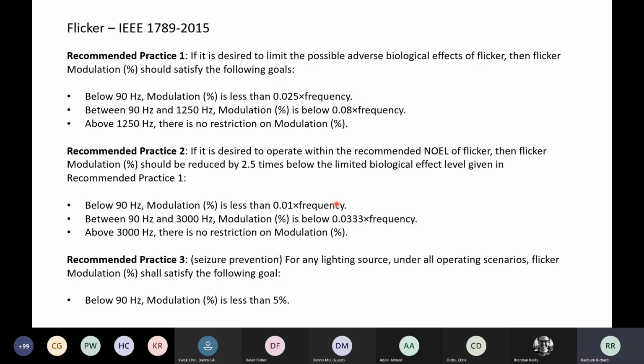So we have a few recommended practices that come out of this document. Here you can see below 90 hertz, that's 0.25 times the frequency. 90 hertz and above, so approximately 8%. So that's one, and then we have again a much lower rate there.